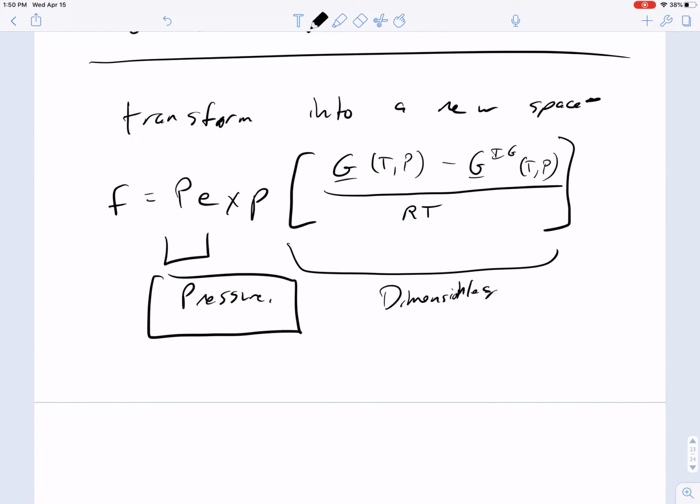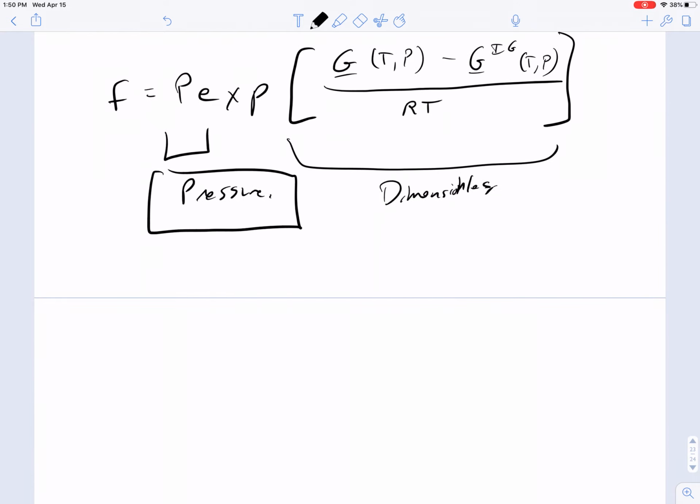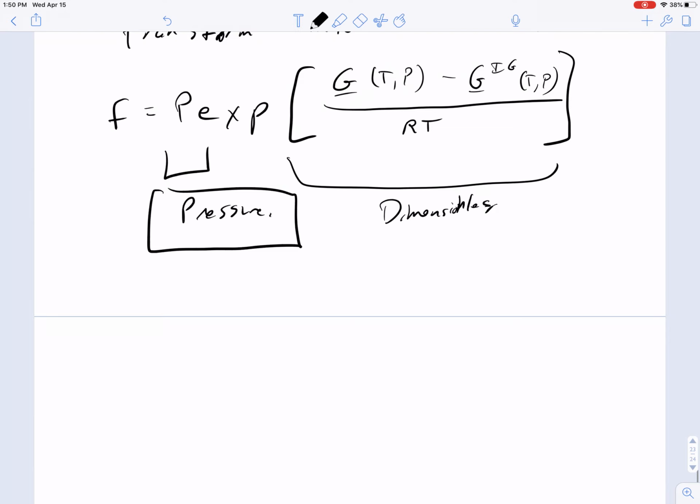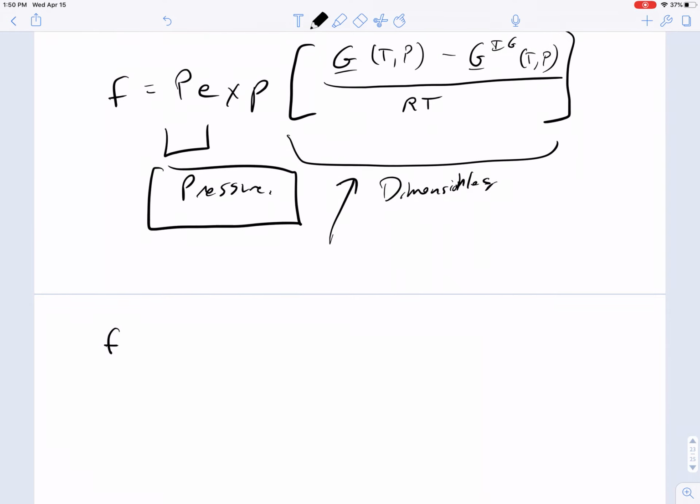So fugacity has units of pressure, which is kind of nice, because of the fleeing tendency of fugacity: high fugacity, things want to flee. You think about things that are under high pressure as things that want to flee. For instance, you have a bicycle tire with 55 pounds per square inch at gauge pressure, or a champagne bottle, or something like that that's under pressure. And you can kind of almost encapsulate in your mind what's happening there. So like we showed earlier, we're going to use the definition with our reference state of a pressure of 0, in which case the region where everything is ideal, to define our formal definition of fugacity.